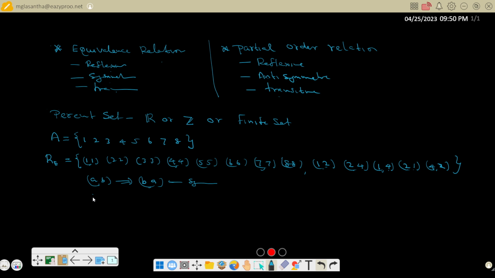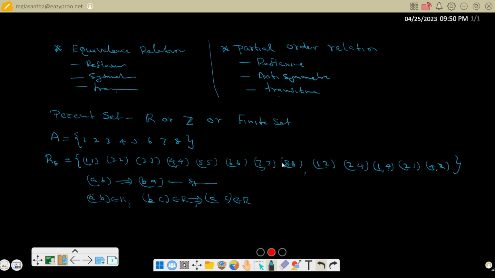Then if AB belongs to R, BC belongs to R, then AC belongs to R. So this is an equivalent relation. R is an equivalent relation. Can you say it is not an equivalent relation?